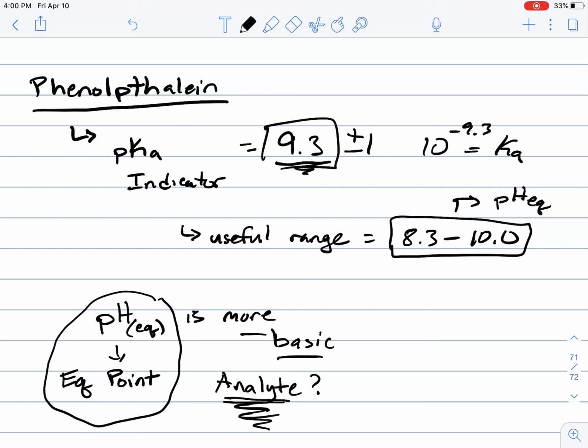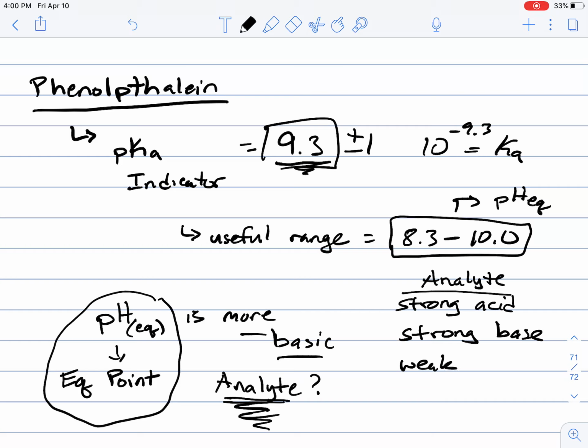Do we have a strong acid? Do we have a strong base? Do we have a weak acid? Or do we have a weak base? Okay.